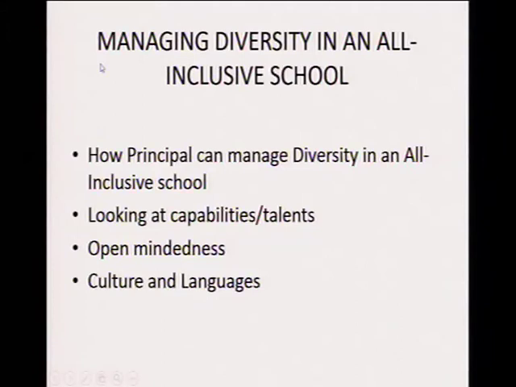And then there is another question that deals with managing diversity in an all-inclusive school. How can a principal manage diversity in an all-inclusive school? We know that our schools are diverse in terms of culture. And here we need a knowledgeable, flexible principal that is able to manage diversity in an all-inclusive school.